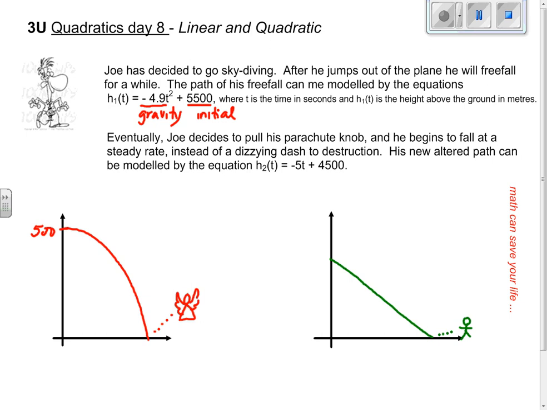So we want to put these two together, find the point of intersection, which will allow him to have fun and still live. So we want to find this magic place right here that he can pull his parachute knob and live.